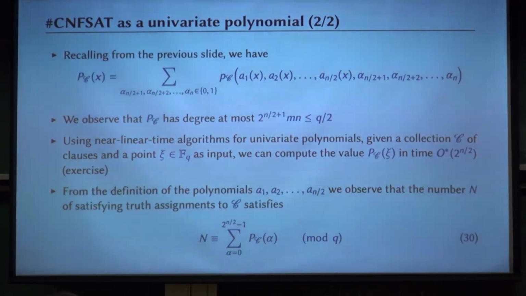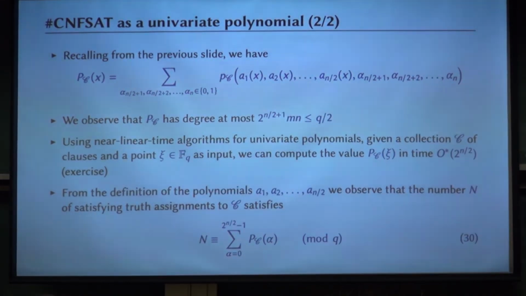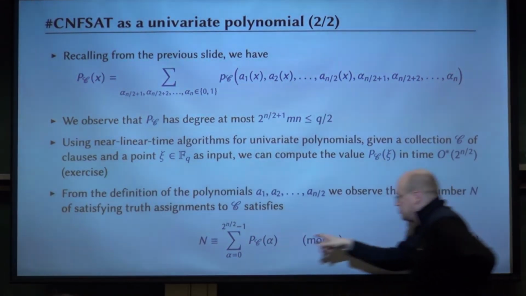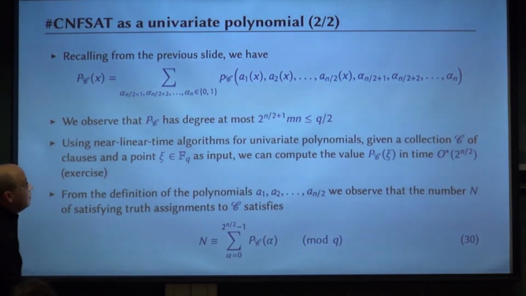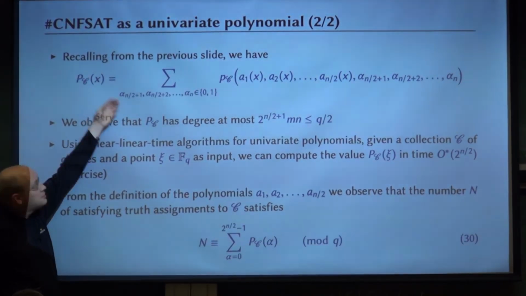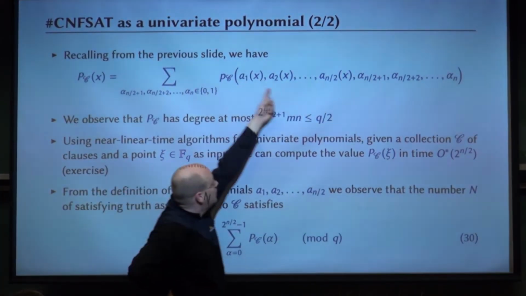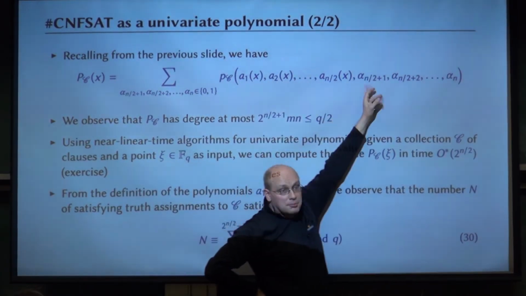So let's hold that in mind and observe that by construction, recall how this was defined. We have these interpolating polynomials controlled by x. The interpolating polynomials were a1 through an over 2, and then we have this summation.